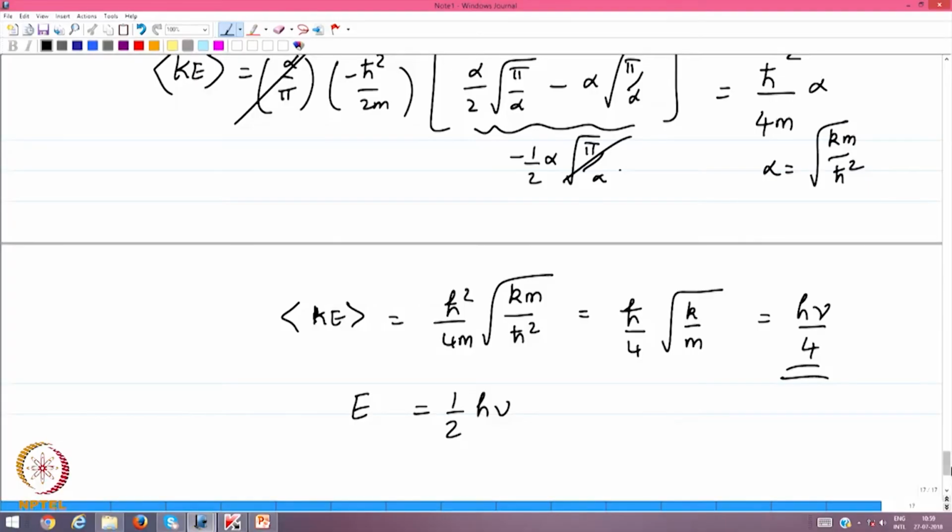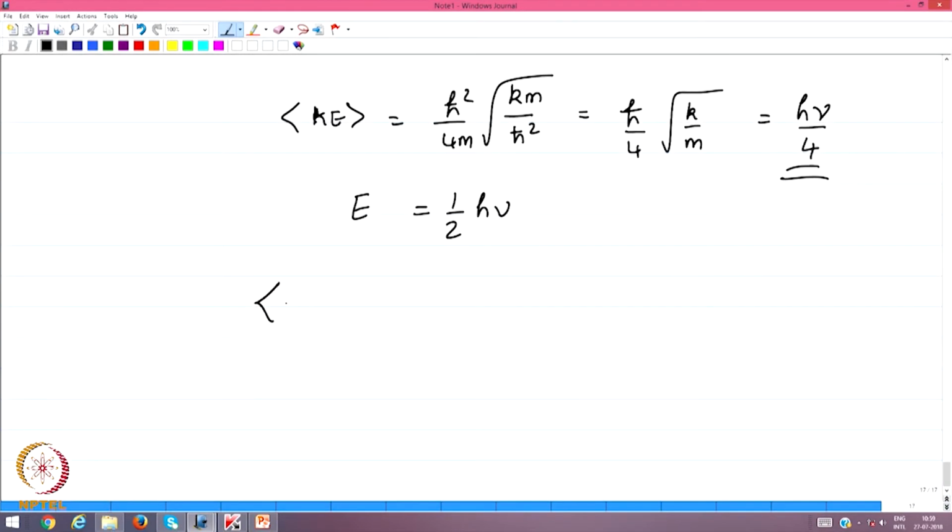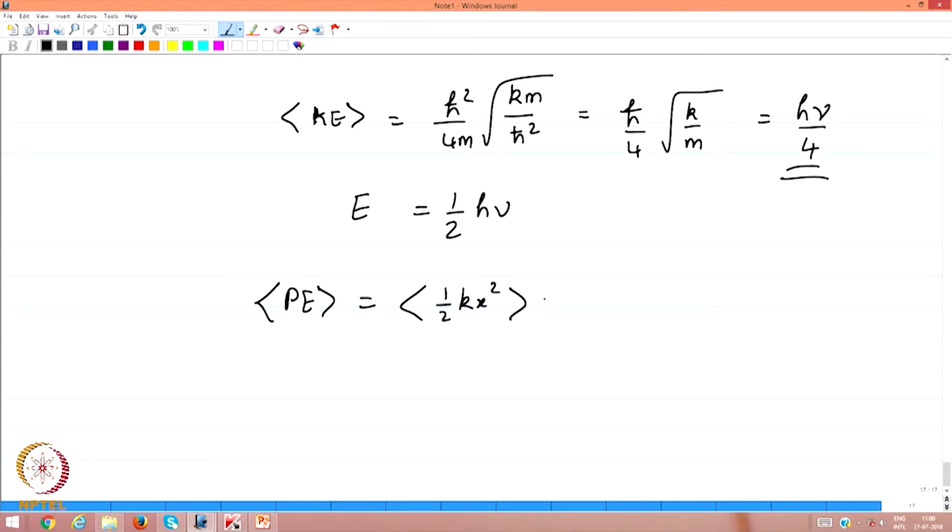It is easy now to see the potential energy in a similar way. The potential energy average is obviously the average of half k x square, and that is again the integral of alpha by pi to the 1 by 2 e to the minus alpha x square. Now we do not need to put these things in between, so we can write this as 1 by 2 k x square dx between the limits minus infinity and plus infinity.